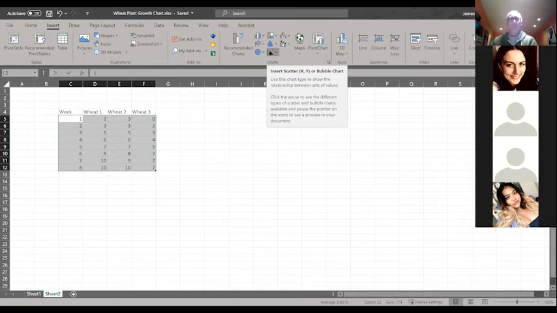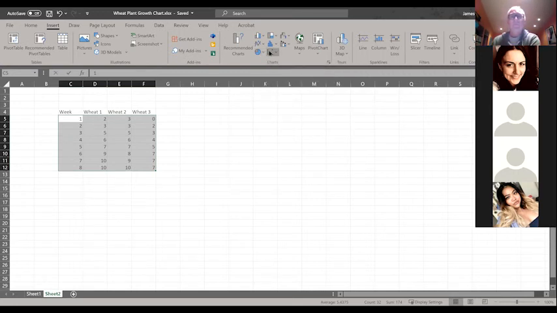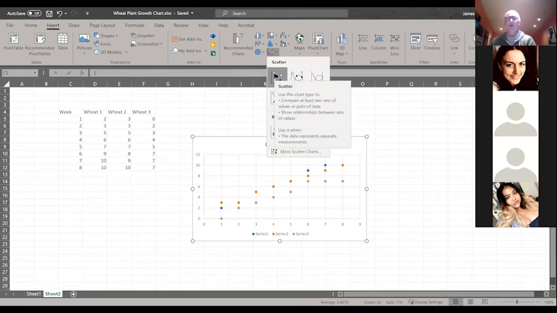A scatter plot is basically what we've been doing: it's all the data directly plotted on an XY axis. So we'll select that, and it asks whether we want lines drawn through them or not.